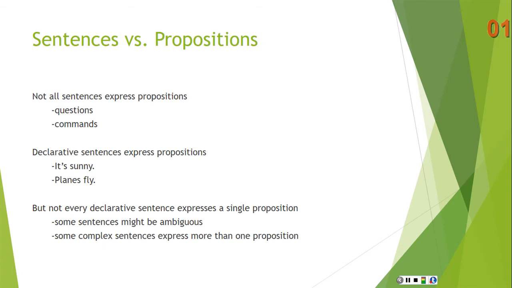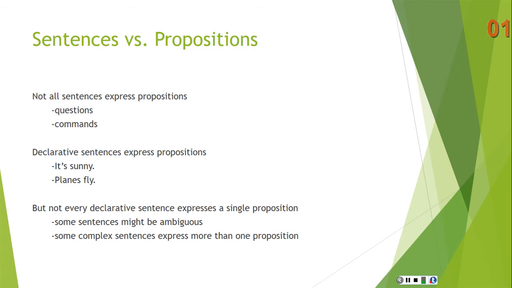Only declarative sentences express propositions. A declarative sentence is a sentence that's either true or false, and the thing that it expresses is a proposition. It is sunny. That's either true or it's false.